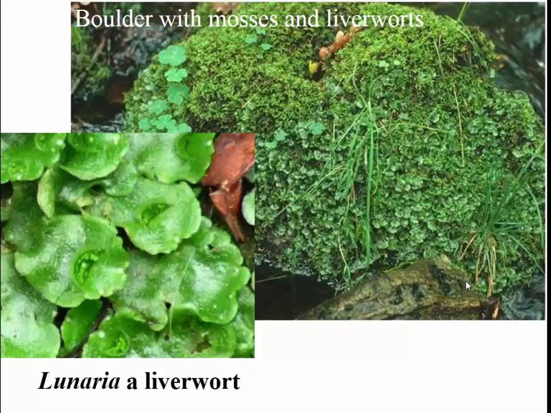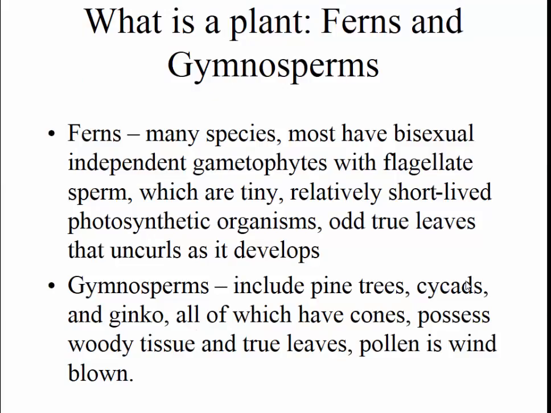Here a liverwort is shown in the lower left, showing the thallic plant body, no true roots. These are the equivalent of leaves, and you'll see them commonly on streamside boulders covered with mosses. Ferns and gymnosperms are more common, more abundant than mosses and liverworts.